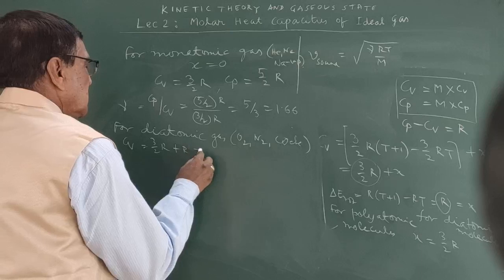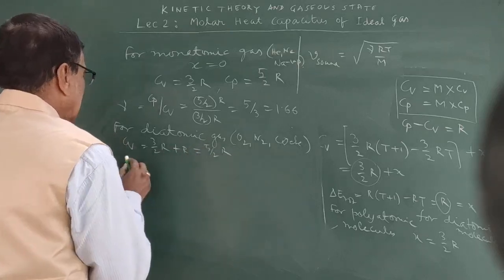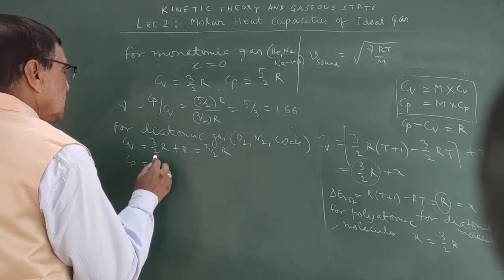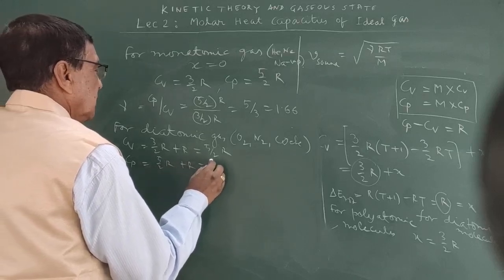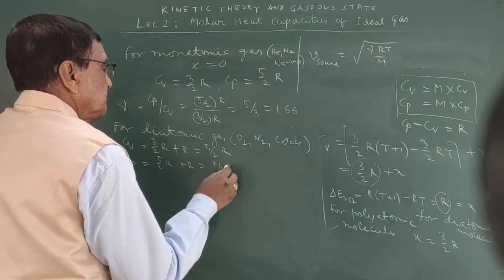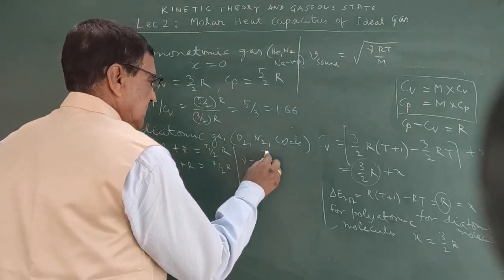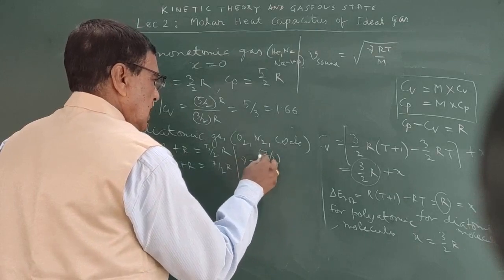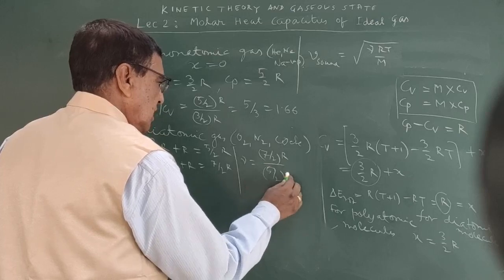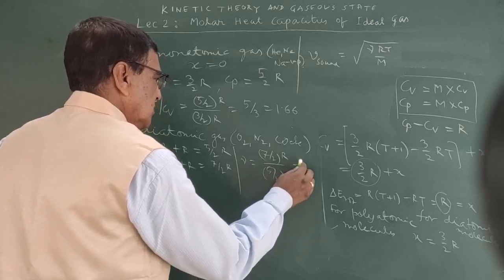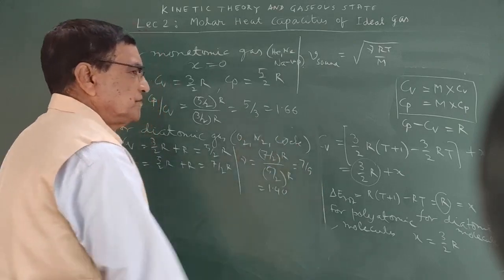So this is equal to 5 by 2 R. And Cp equals 5 by 2 R plus R, equal to 7 by 2 R. So gamma is equal to 7 by 2 R divided by 5 by 2 R, which is 7 by 5, equal to 1.40.